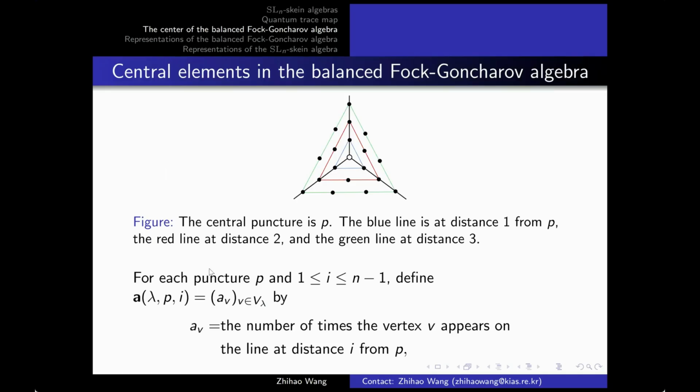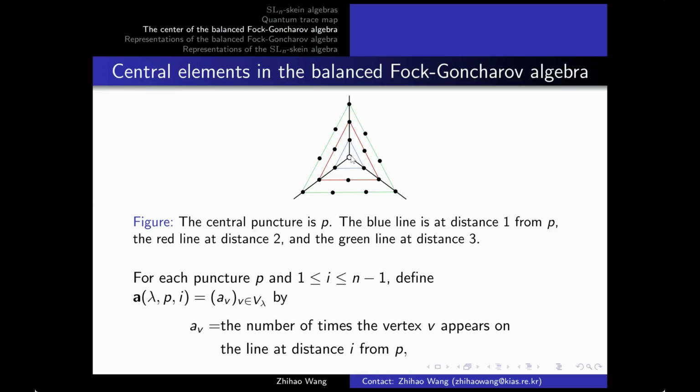For each puncture P and an integer i between 1 and n-1, we define a vector a by this. So what is a_v? a_v is the number of times the vertex v appears in the line at a distance i from P. So what is the line at a distance i from P? Here, let's look at this picture.